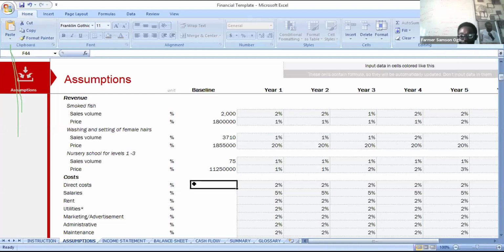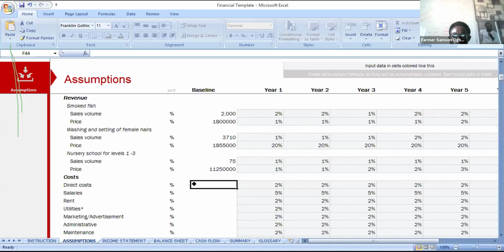But just for an assumption, I can't remember how much we put for dried fish, was it 900 or 800? So let's assume out of the 900, 700 naira is used for direct cost. Just an assumption, and we have 700 times 2,000. That will give about 1.4.